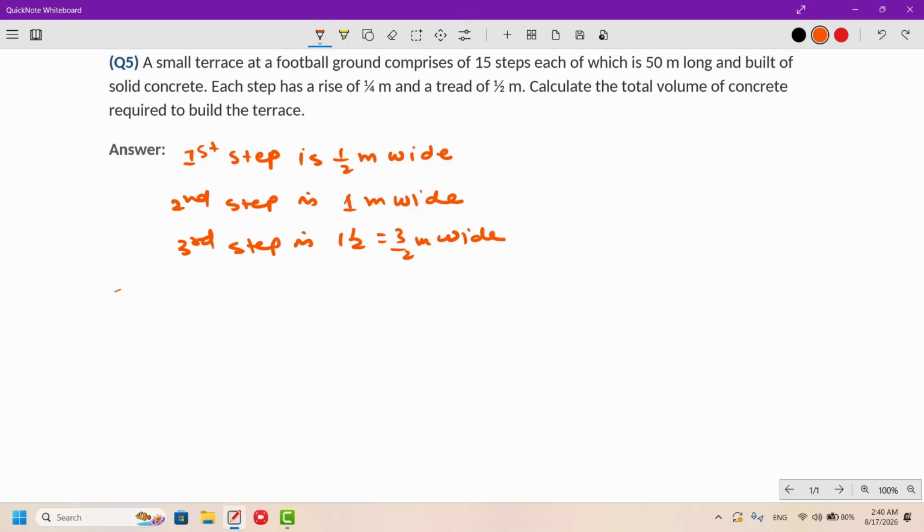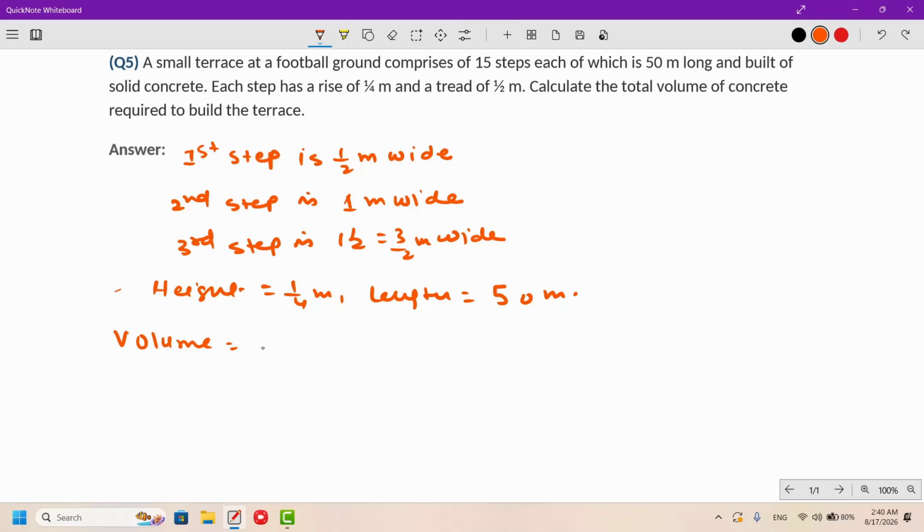Height is 1/4 meter and length is given, that one is 50 meter. So you know the formula of volume.